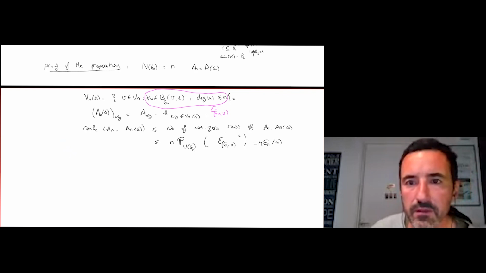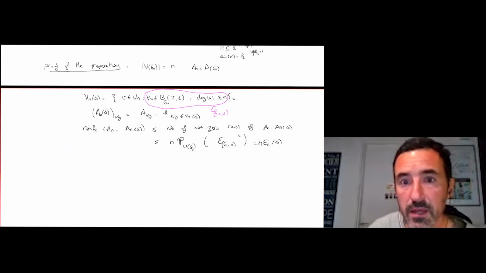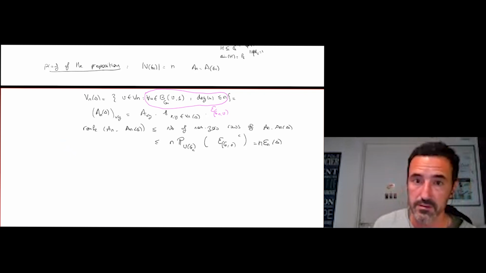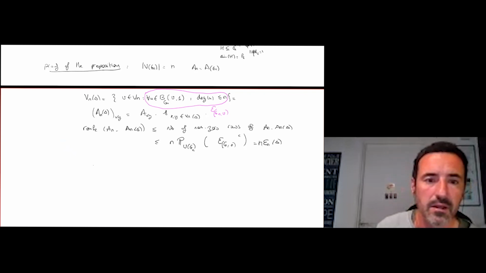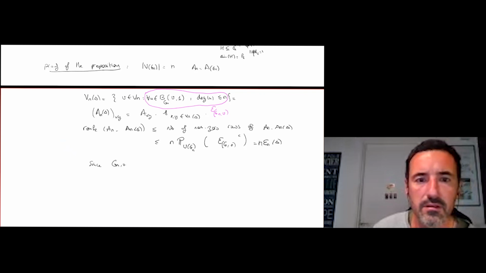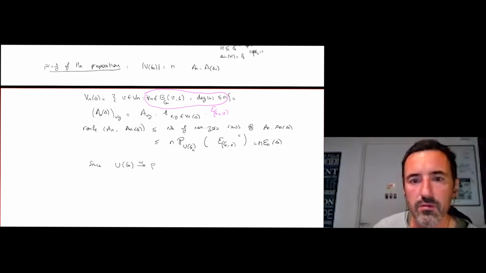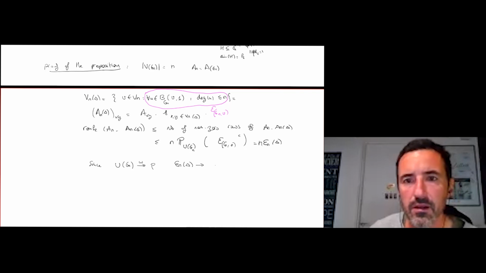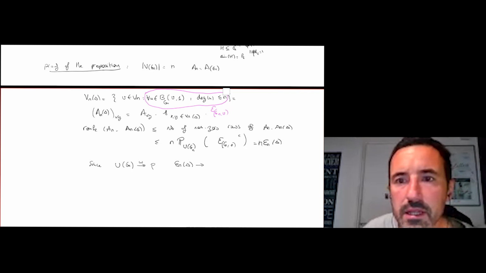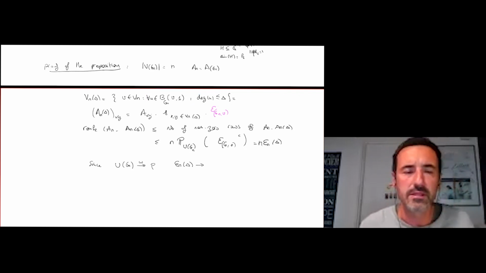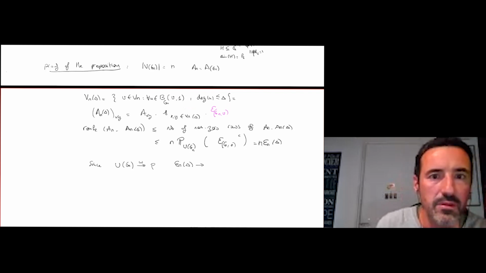This is a local event because it only depends on the neighborhood of radius 1 around the root. Since U of Gn converges weakly to rho, epsilon n of delta converges to epsilon of delta. Sorry, it was delta, sorry about that. It's a lot of typos.